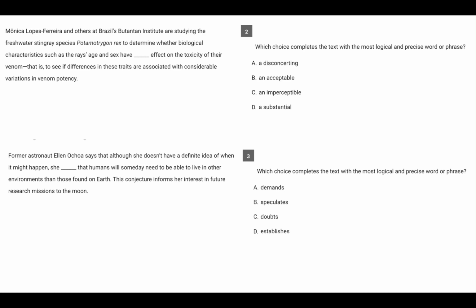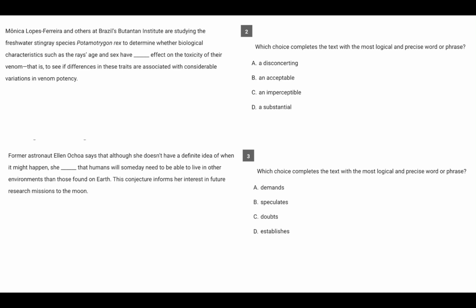So, effect on the toxicity, does it make any variations in venom potency. And what are these variations which are stated in the further explanation? These are considerable variations. So the effect should also be something considerable. Considerable effect, considerable variations. That just 100% makes sense and is 100% logical, because that's the only hint we are being given in the passage.